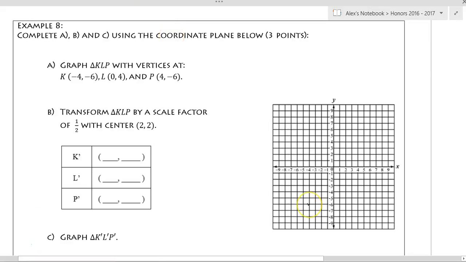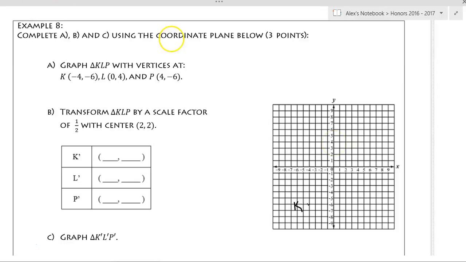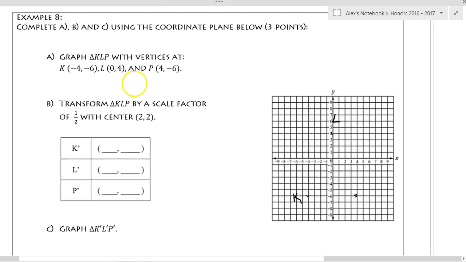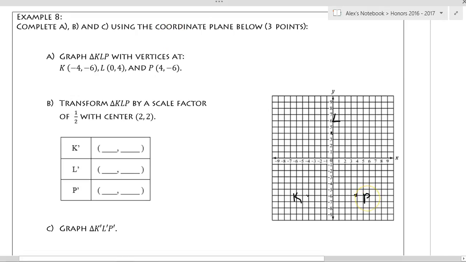So -4, -6, so that's K. L is 0, 4. And then P is 4, -6, so over 4, down 6. Now I'm not just graphing these points, I'm graphing a triangle, so I do have to connect my points.